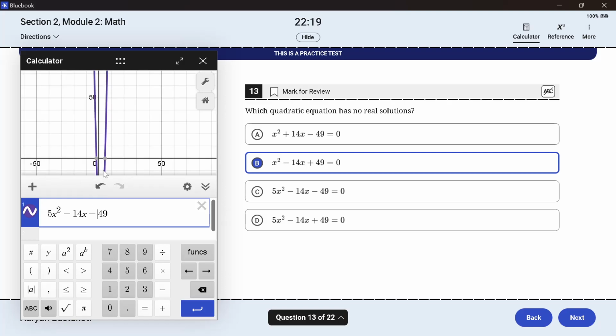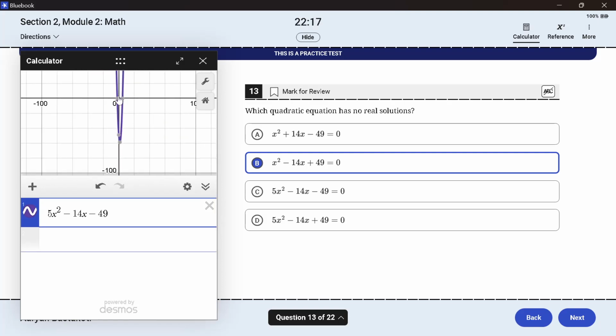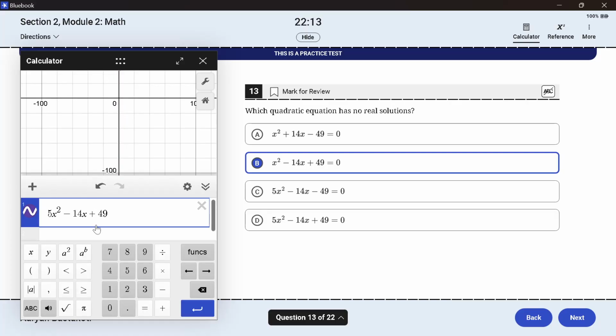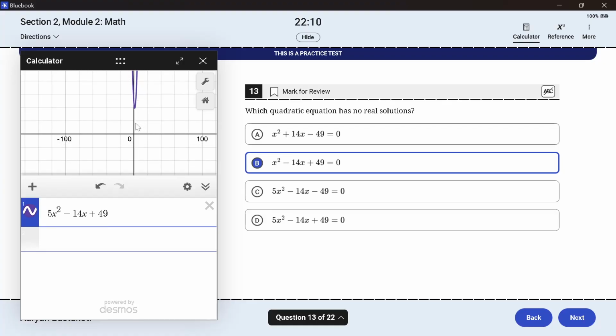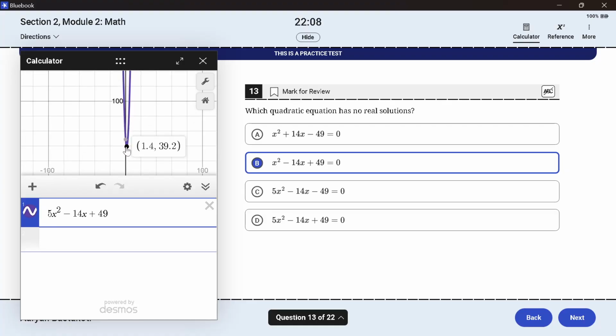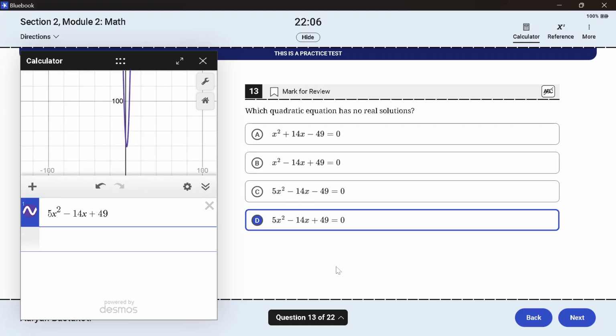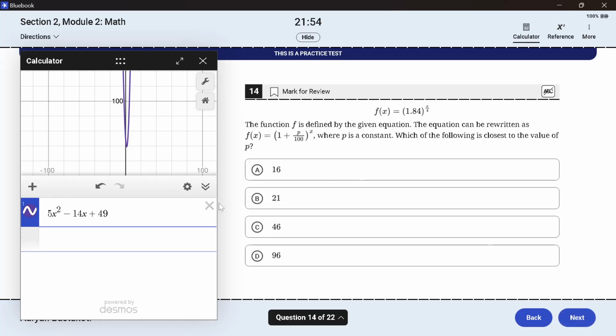This is also a solution since there are 2 points which cross the x-axis. And finally, plus 49. It's not a solution since there are no points that cross the x-axis. So this is the right answer. For these kinds of questions in which you have to check each one by one, I suggest starting with the end because D is usually the answer in these kinds of questions. I don't know the reason.